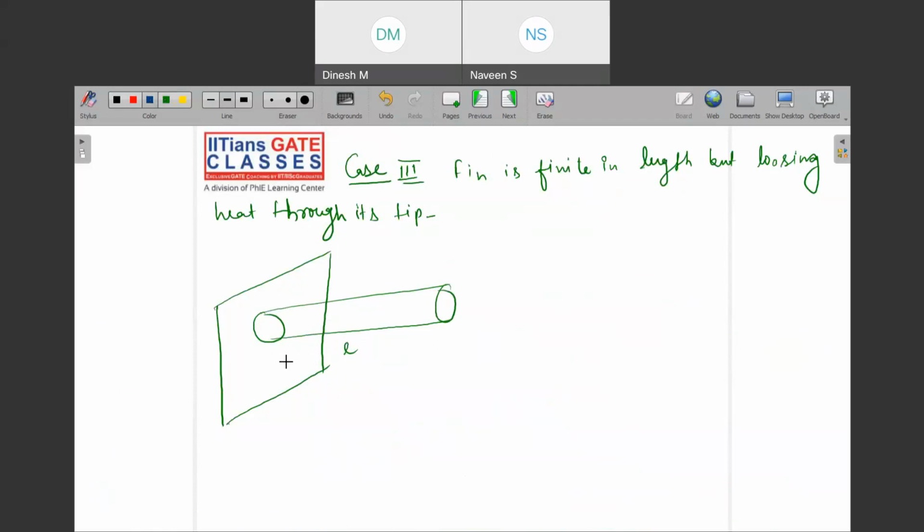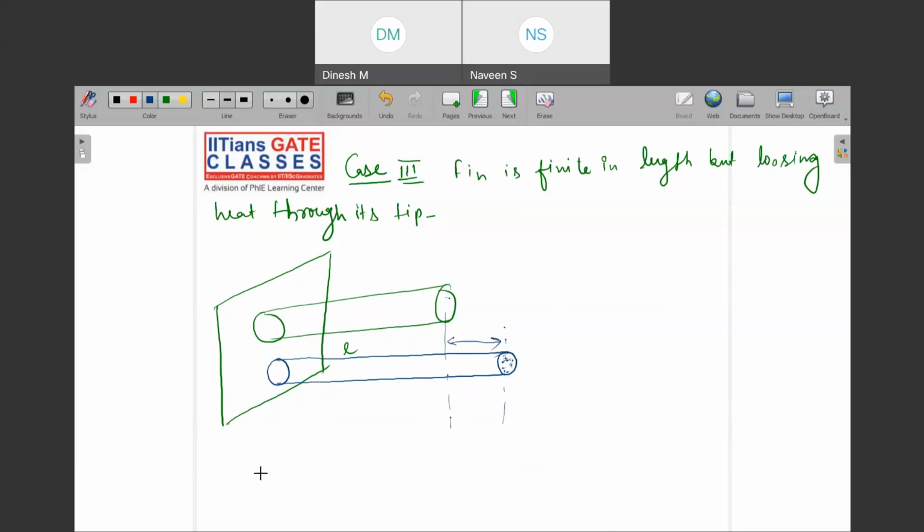You imagine another fin of the same diameter, but its length is increased by some amount, and now this is assumed insulated. Got the idea how this is solved? The original fin was not insulated, so I increased its length and assumed that it is not losing heat from this point. So this is the changed length.